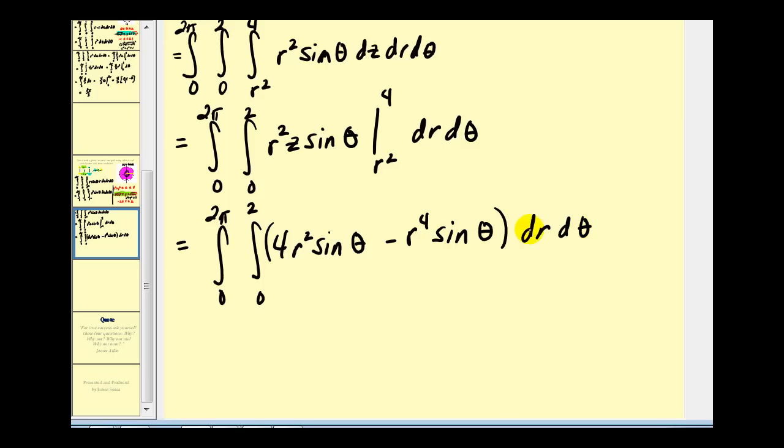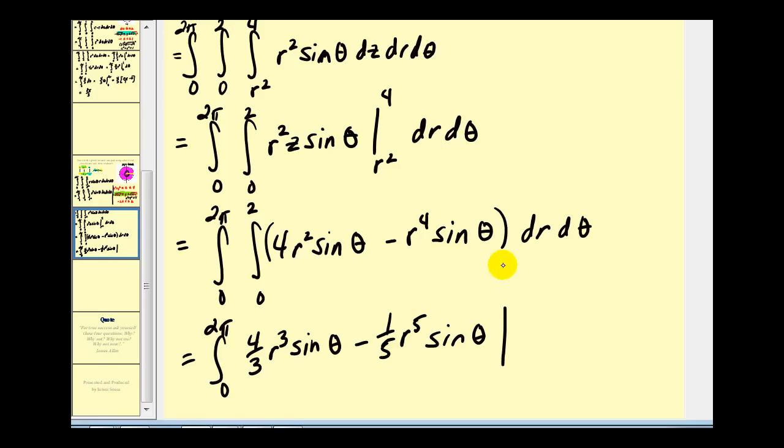And now we'll integrate with respect to r. So we'll have 4/3 r cubed sine theta minus 1/5 r to the 5th sine theta. Evaluate here at 2 and 0. Let's go to the next page.